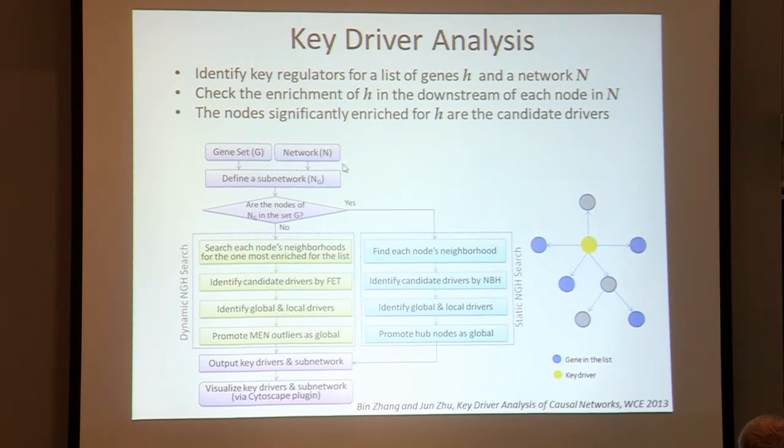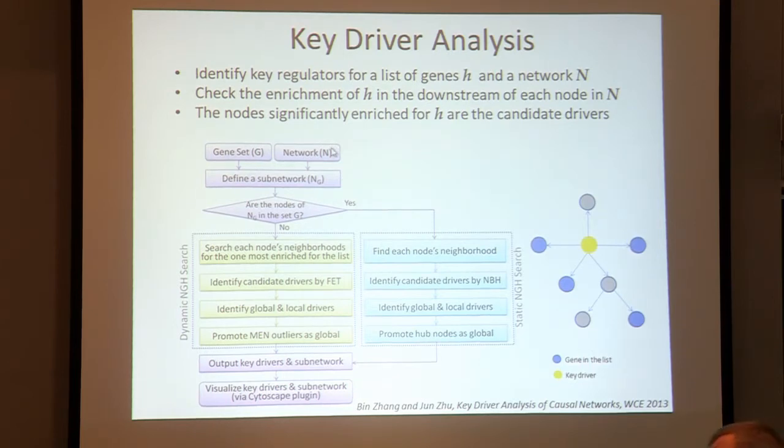It could be any network, but make sure it is relevant to the gene set of your interest. For example, if we are studying obesity or diabetes genes, you probably want to use adipose or liver Bayesian networks to figure out which genes are key regulators.